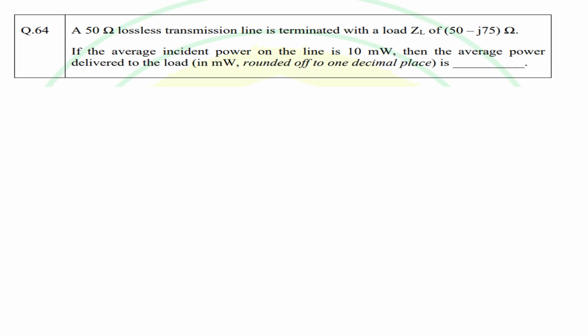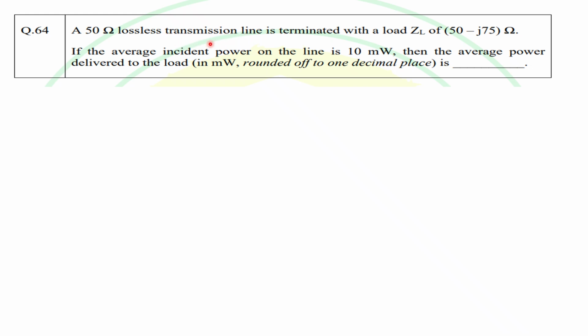Let's see what the question is. The question is: a 50 ohm lossless transmission line is terminated with a load ZL equal to this much. First, try to understand what this lossless transmission line is. A transmission line is what we use to communicate information.